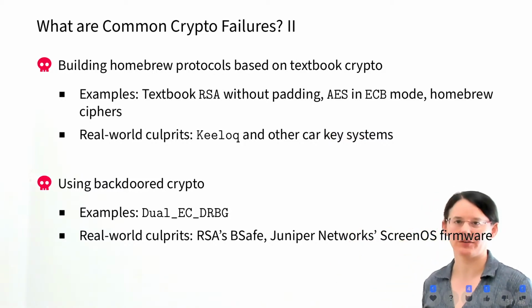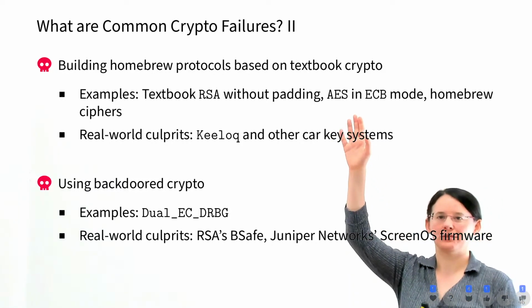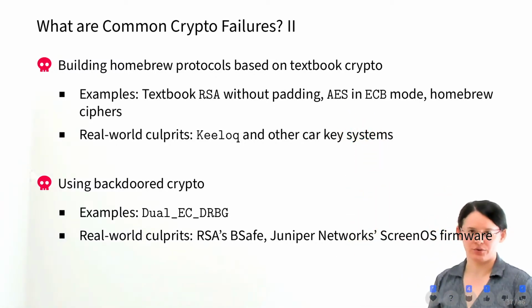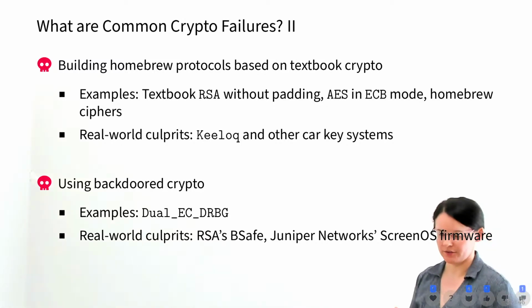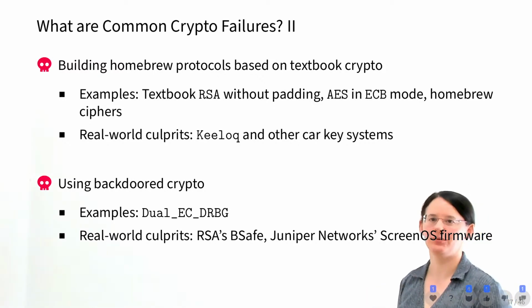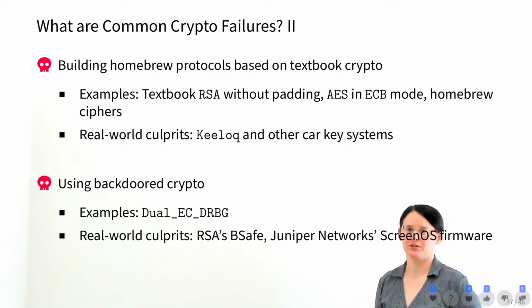If you only learn about AES, but you don't learn how to use it, you might come up with the most logical thing and, for example, use AES in the ECB mode, which we have seen to be completely insecure. That's the Tux picture, if you remember. You might even come up with your own homebrew ciphers. And unfortunately, this also happens quite a lot.